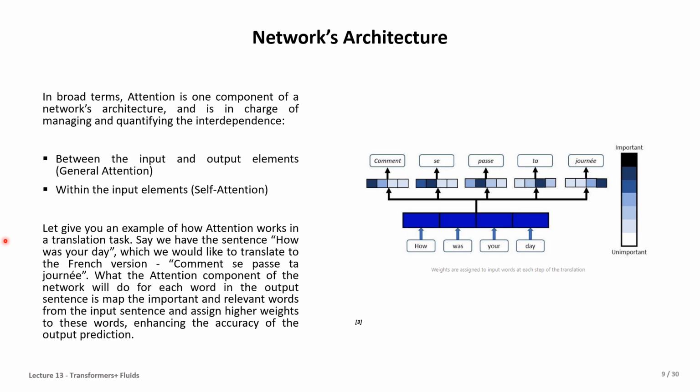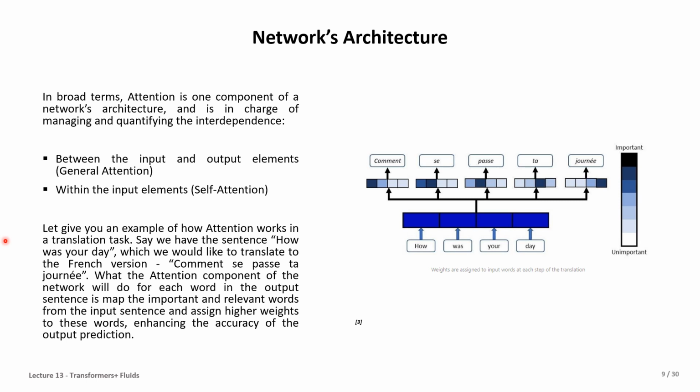If we want an example, most applications of the transformer started with language translation, so let's take an example of this kind. Assume we have the sentence "how was your day" and we would like to translate it to the French version. What the attention component of the network will do for each word in the output sentence is map the important and relevant words from the input sentence and assign higher weights to those words, enhancing the accuracy of the output prediction.